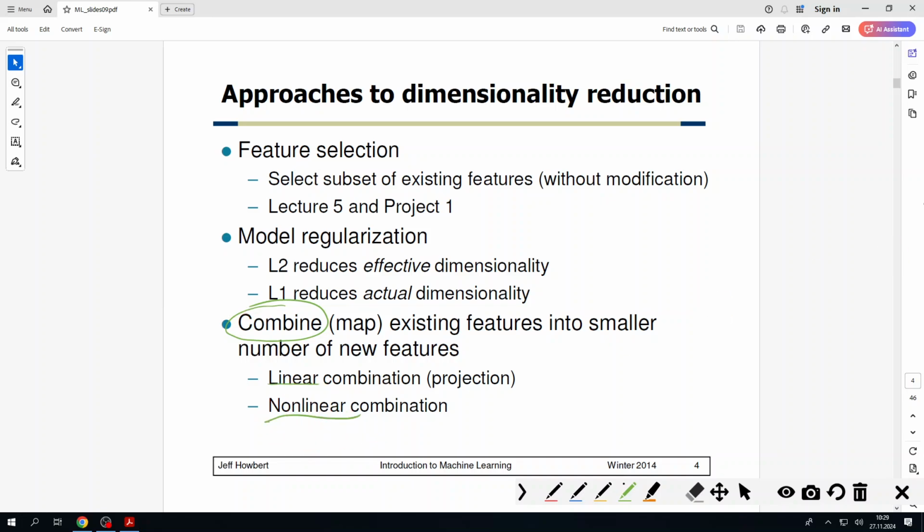There are two ways to do this. The first one is making some linear combination, which is usually some kind of summation or a regression problem. Another way is to do a non-linear combination, which is more complicated and most often used to better visualize data. For example, in our next practical exercise, I'm not exactly sure which specific algorithm we are going to study, but as one of the steps, we are going to do some dimensionality reduction.